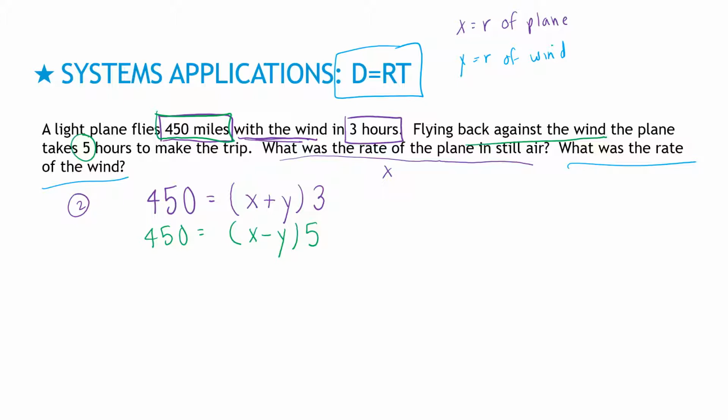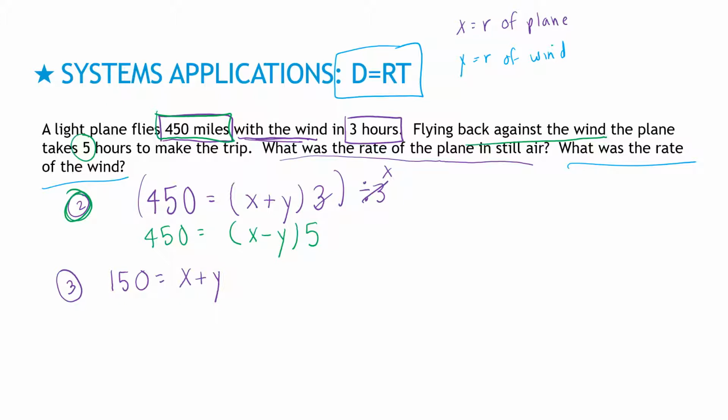Again, in the instructions I say don't simplify before you give them to me. So this is step 2 right here. Step 3 is when I can start to do some of my work. So for step 3, I'm going to divide this whole equation by 3. So 450 becomes 150. And then this 3 and this 3 cancel to give me x plus y, just like on our last example.